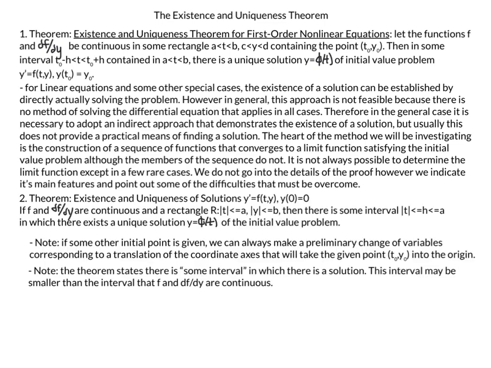So when we look at this proof, we're going to do a slight simplification. We are going to look at first order, possibly nonlinear equations, but we're going to set the initial value equal to 0, so y naught is equal to 0.